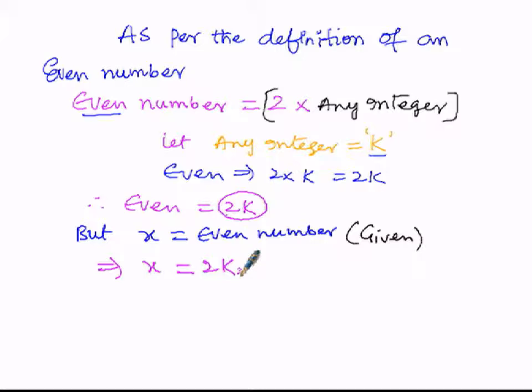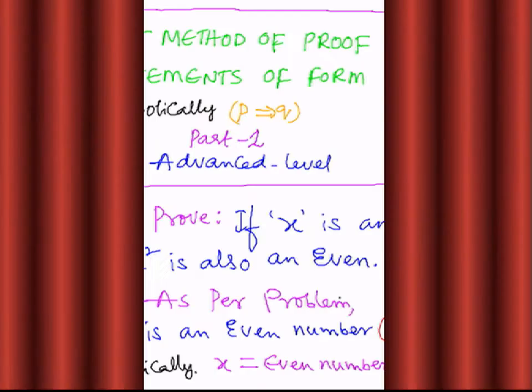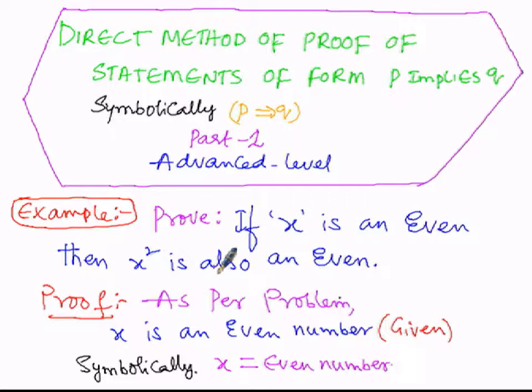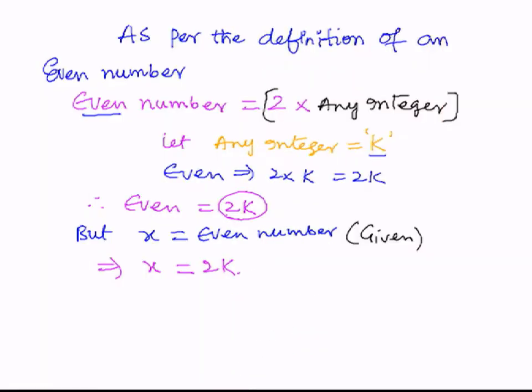But as per the condition which we have to prove, we have to show x square is also an even number. Here we need x square, so we have to get the exponent as 2. So I have to square on either side.